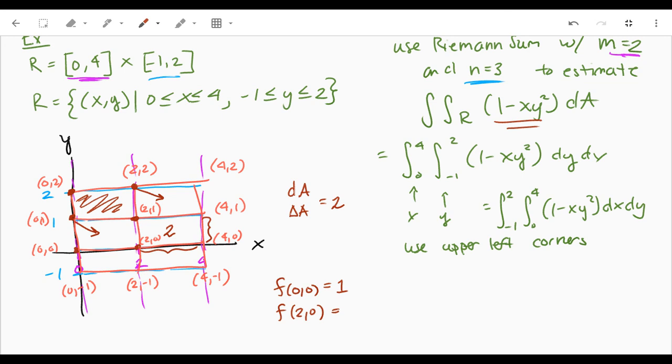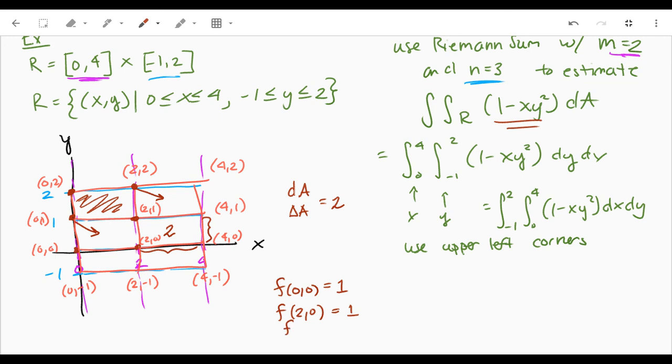I think I messed it up in my notes. Right, that would be 2, 0 would be the upper left. Yeah, I think I messed it up in my notes actually. Okay, we're good. So let me know if you're watching the video and you think that I made a mistake there. But 2, 0 would also be 1.